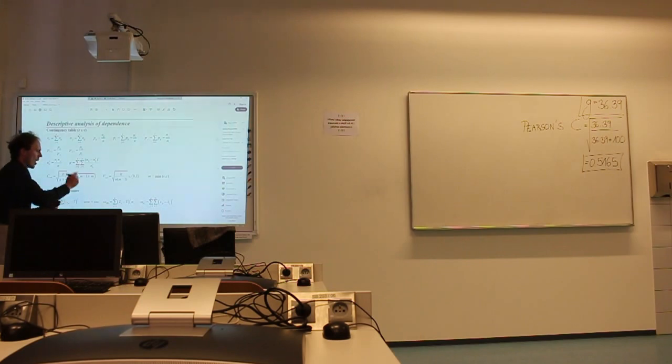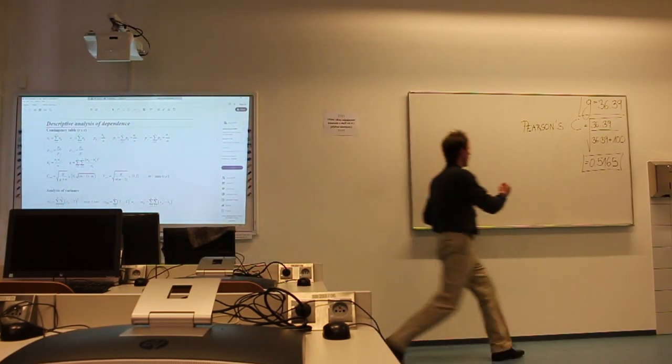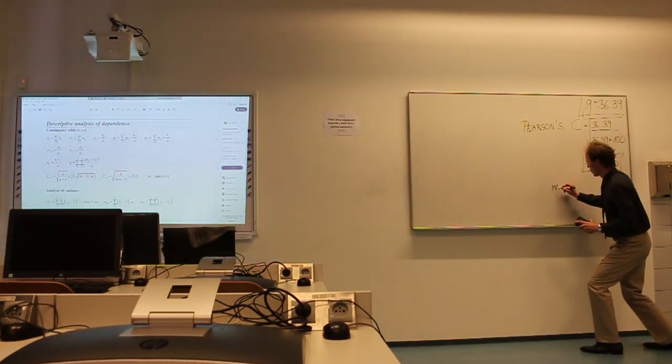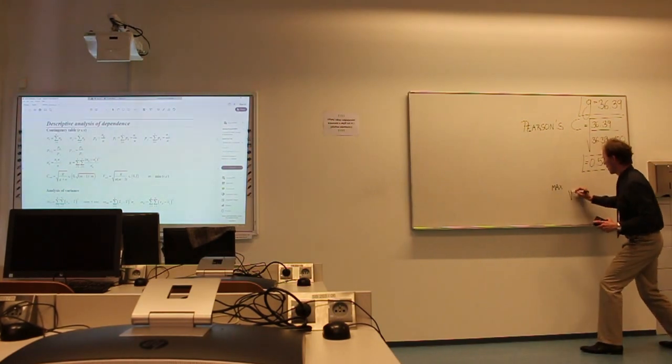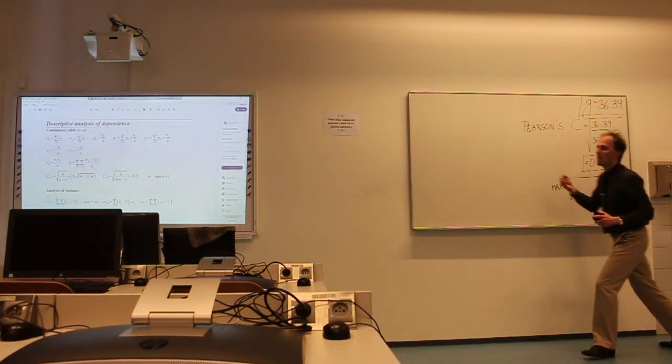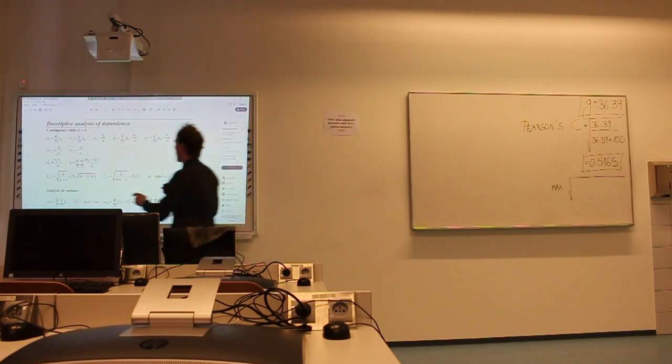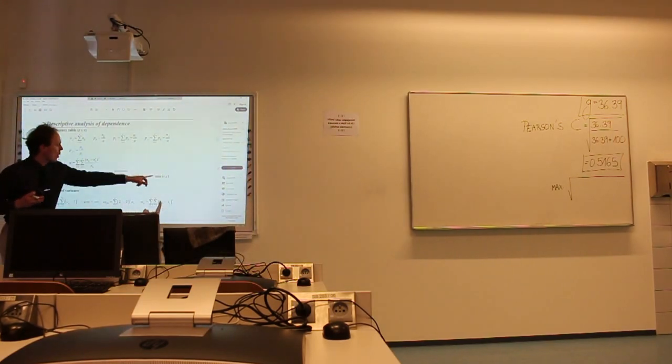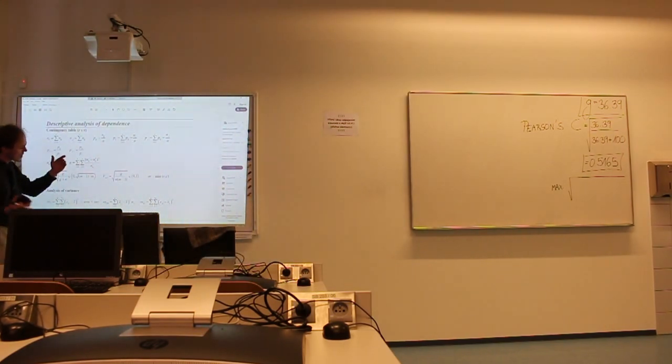The maximum of this coefficient is the square root of (m minus 1) divided by m. What is m? M is the minimum of rows and columns. We have 3 rows, 2 columns. What is smaller, 2 or 3? 2 is smaller, yes?